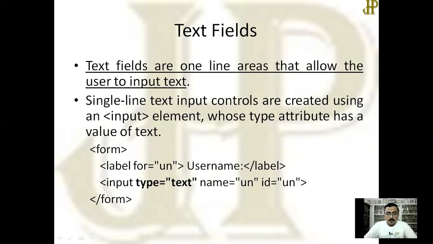You have to put input, then you have to supply text in the type attribute. You have to apply name, and if there is a label, that should be matched with the particular text, then the value should be matched. Username, UN, username, UN. Here, the attribute name is for, and here the attribute name is ID. Clear?